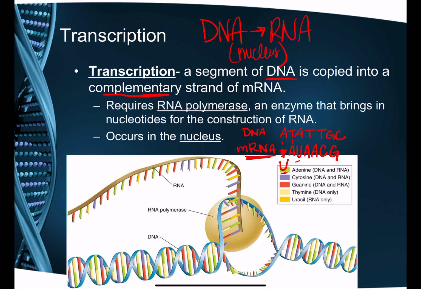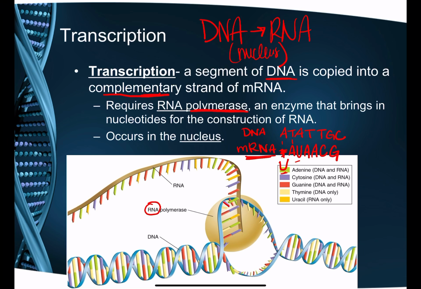just like in DNA, we had that enzyme called DNA polymerase that brought in the matching letters. We have a very similar enzyme in transcription called RNA polymerase that does the same thing. It brings in the correct bases that line up according to the sequence. Okay?